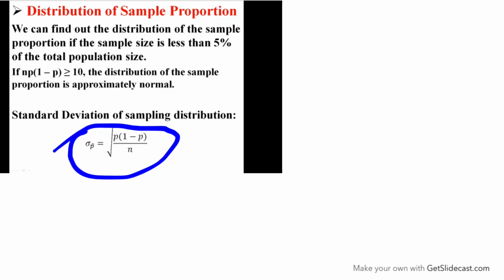Dealing with the distribution of sample proportion, you have the formula n times p times 1 minus p. There is always a condition attached: if it's greater than or equal to 10, then the distribution of the sample proportion is approximately normal.